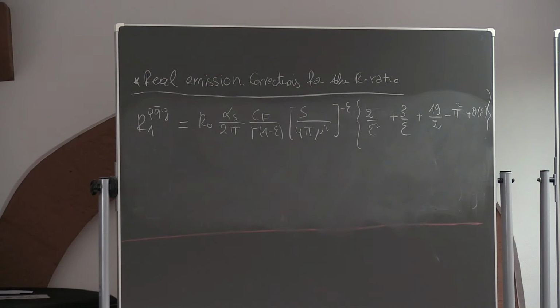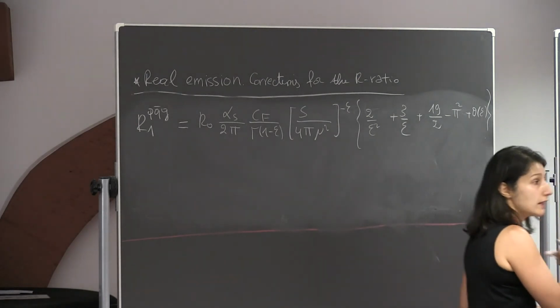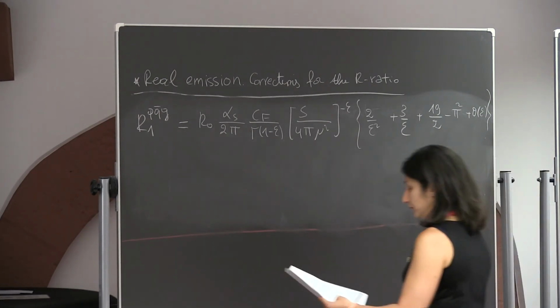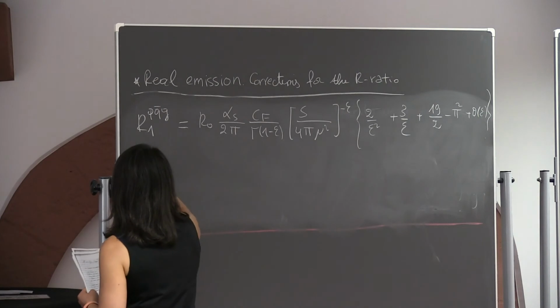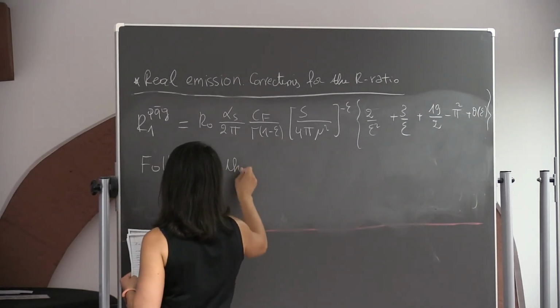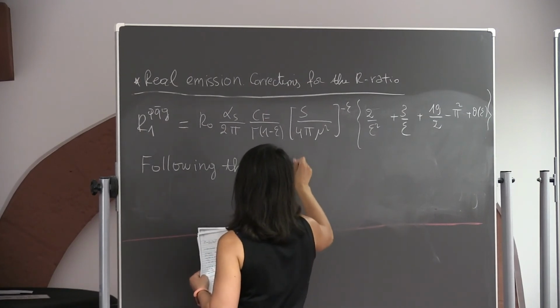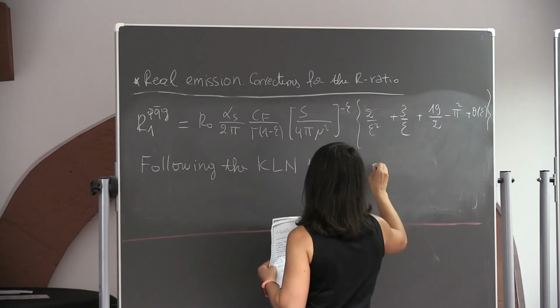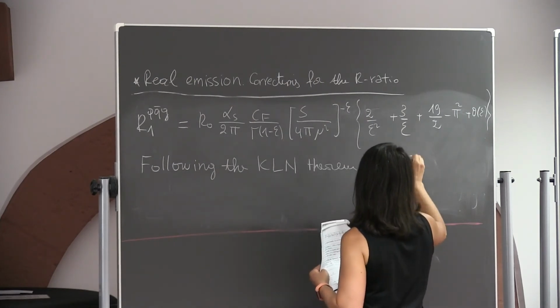And this KLN theorem is actually valid only for infrared safe observables. And the R ratio is actually infrared safe. So, following the KLN theorem, we need to add the virtual corrections.